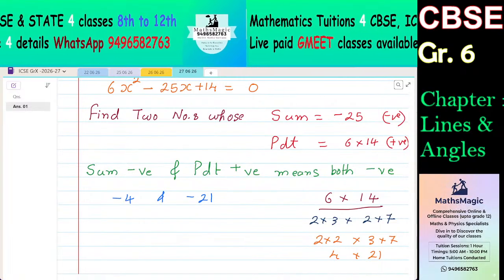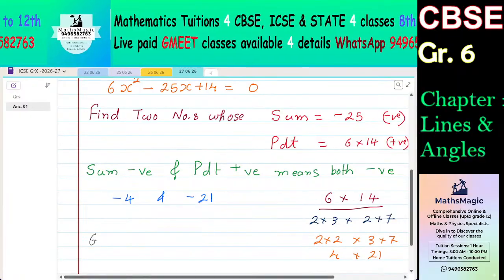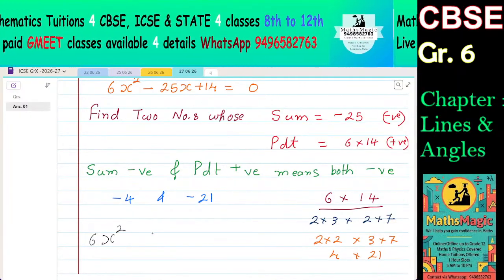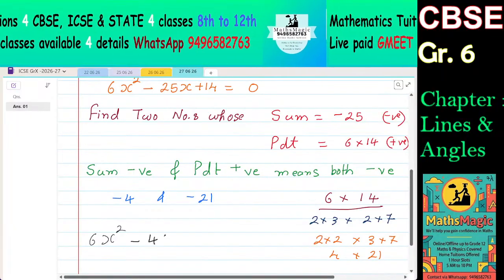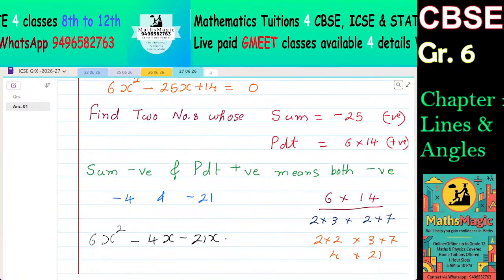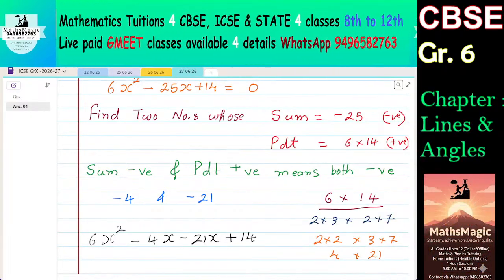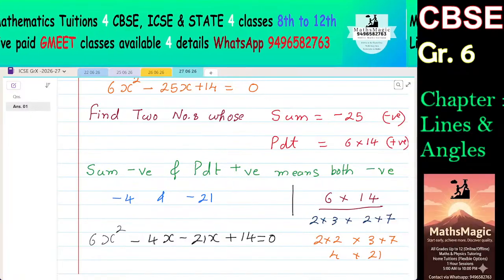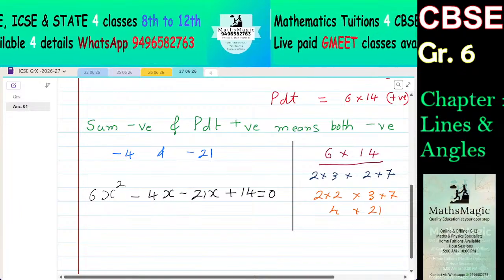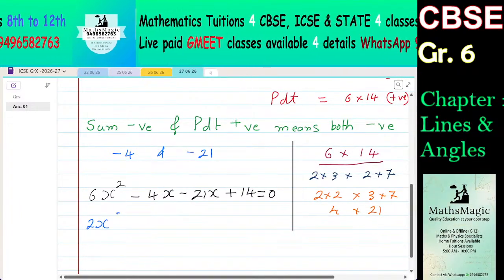You need to rearrange the term with x as 6x squared minus 4x minus 21x plus 14 equals 0. Taking common factors, you can take 2x as a common term.